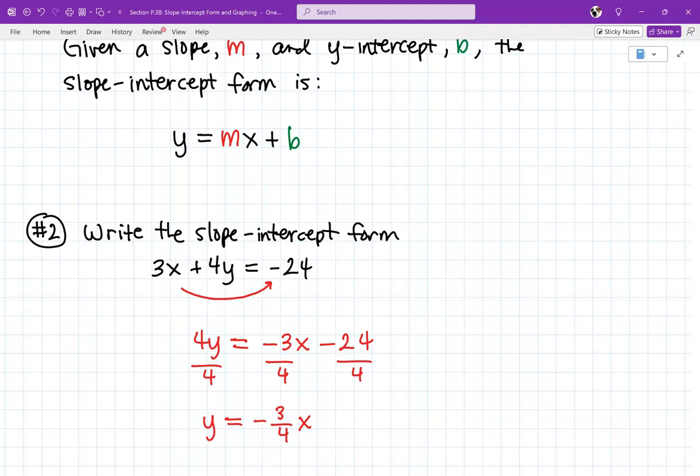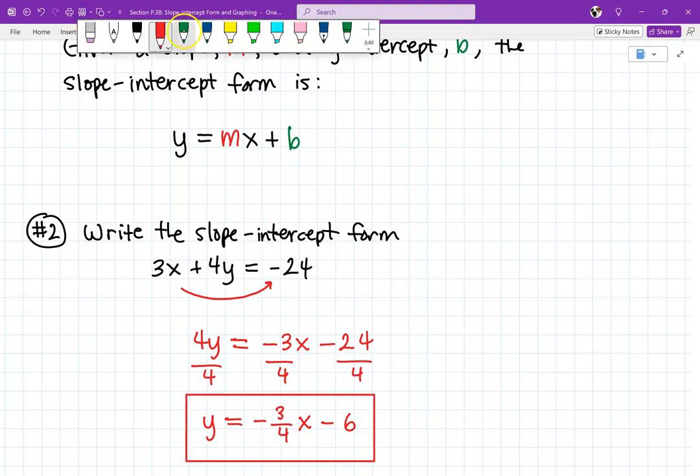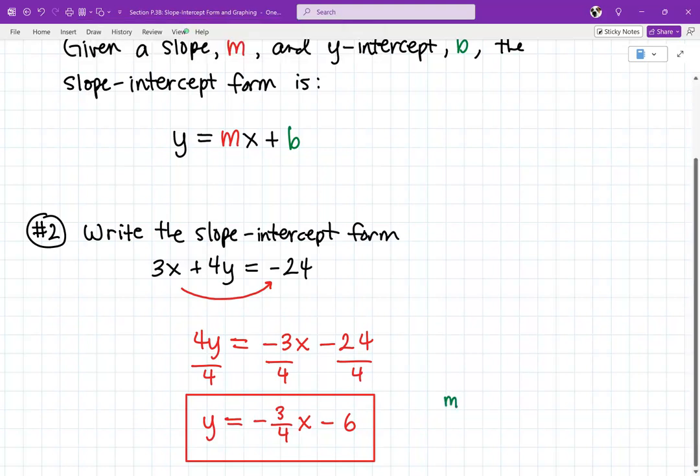I guess you could put 0.75, but we don't need to get to that. And then minus 24 divided by 4 is 6, and this is my slope-intercept form. Just to give you a little bit of extra information, your slope is negative 3/4. Your y-intercept is negative 6. Try to remember these things.